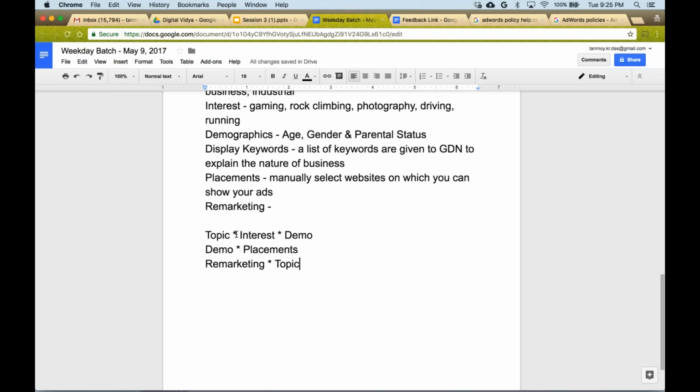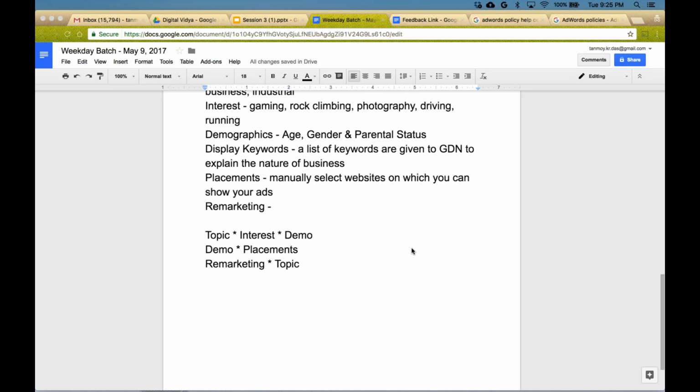Topic, interest and demographic, these three circles coming together, and the common part between the three is going to be your target audience. It's an and function rather than an or function. Sarthak, yes, I will be showing all of this when we create our display campaigns.